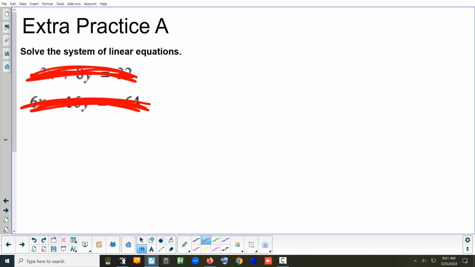So let's do 2x plus 3y equals 12. That'll be our first equation. And negative 8x minus 12y equals negative 48.